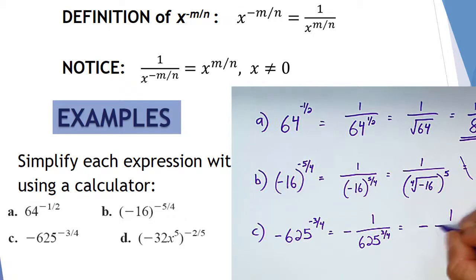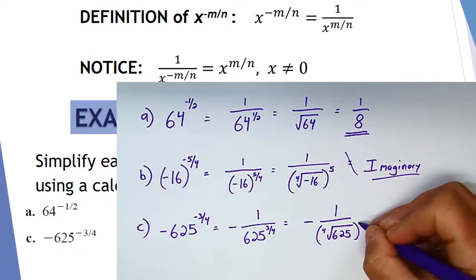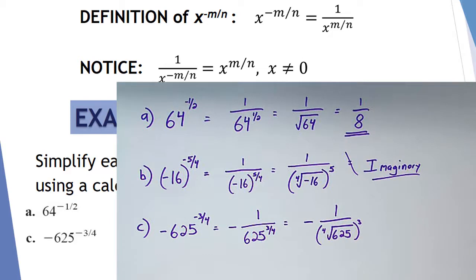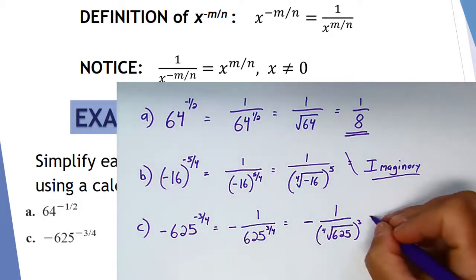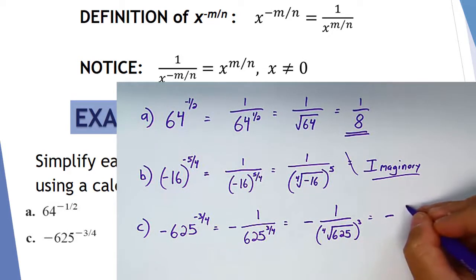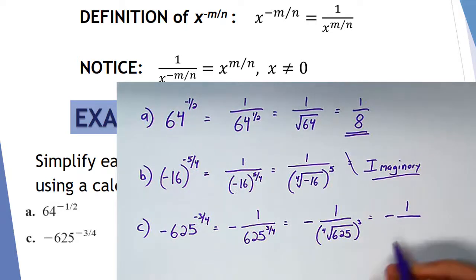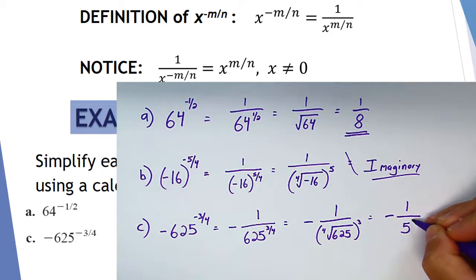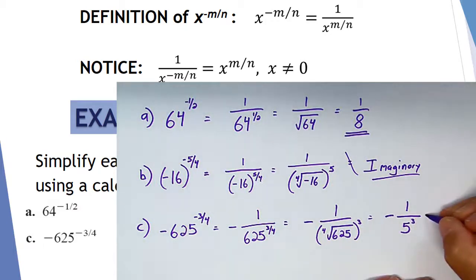That's the same as negative 1 over the 4th root of 625, but that we're going to raise to the 3rd power. But we can go a little further with that. That's the same as negative 1 over the 4th root of 625, that is 5, which we're going to raise to the 3rd power. And that means this simplifies to negative 1 over 125.